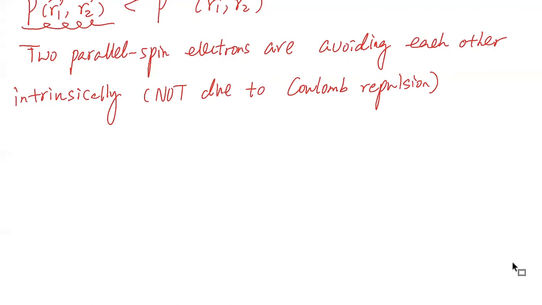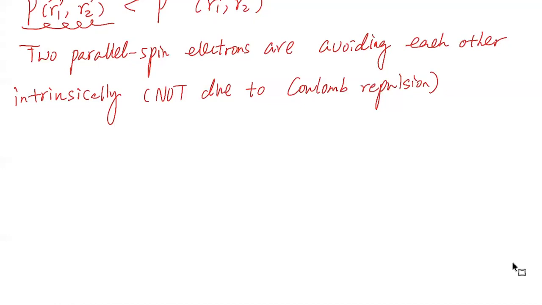What we're talking about here is that if you remove the charge carried by the electron, if the electrons are neutral, they still avoid each other when you consider two alpha spin electrons or two beta spin electrons. So this is something fundamentally different from classical mechanics. In classical mechanics, you don't have this. This is a fundamental quantum mechanical phenomenon, okay?